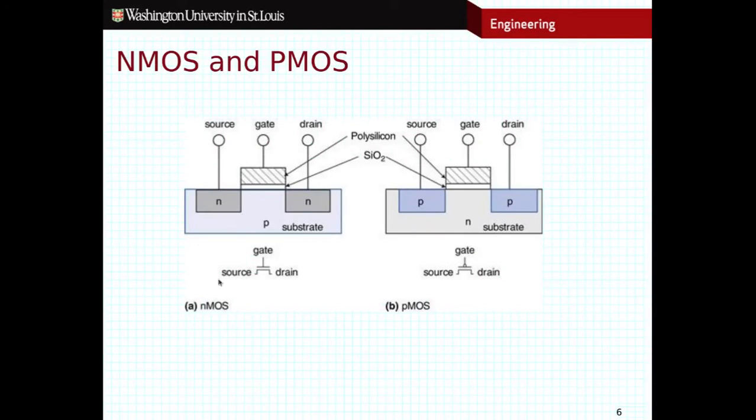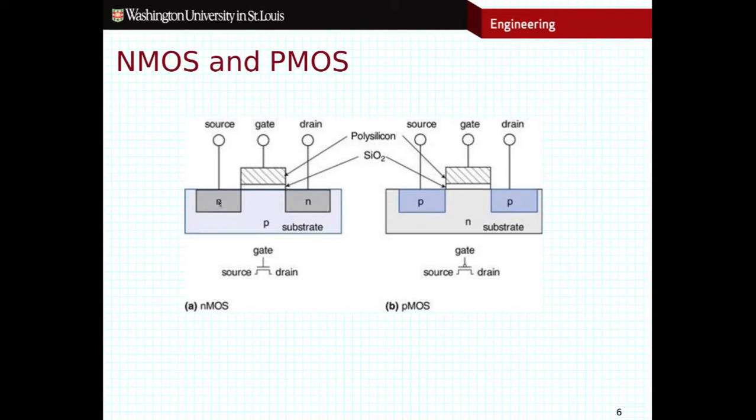So on the left here you can see an NMOS transistor with the N and P semiconductor areas labeled. And then on the right side you can see this PMOS transistor with the P and N semiconductor areas labeled. And there you can also see the reason why they're called NMOS and PMOS. It's called NMOS because the source and drain are N-type semiconductors.